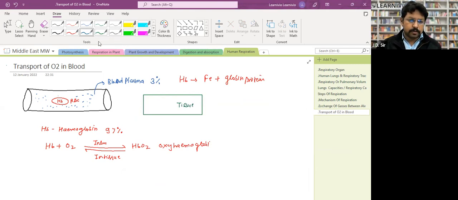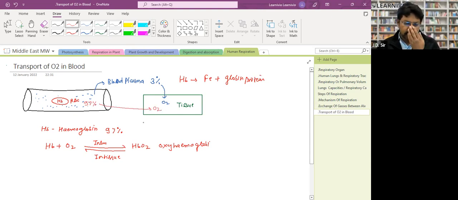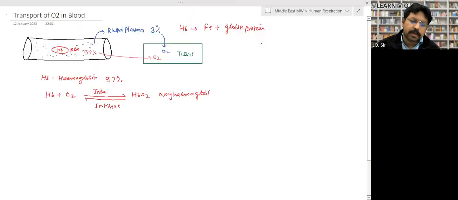Out of this, 3% of oxygen is provided to the tissue by the blood plasma, and the rest, 97%, is transferred by the RBC, as oxyhemoglobin. That's how the delivery of oxygen takes place, and that's how oxygen is transported. Is it clear?